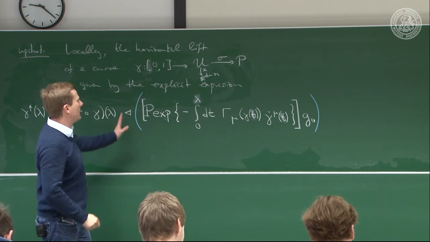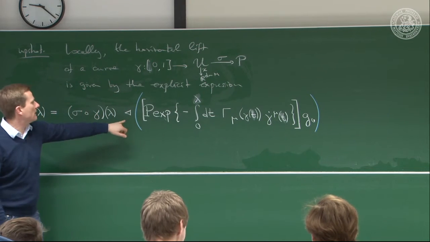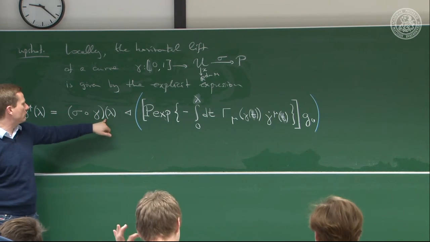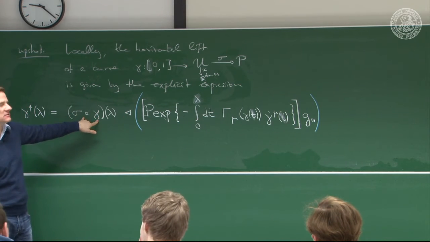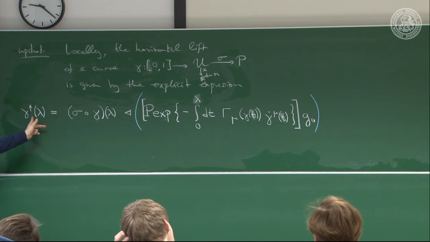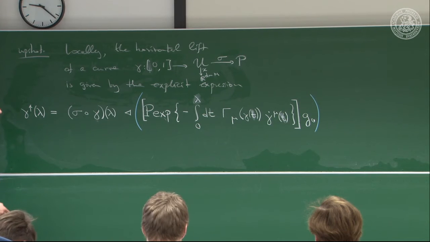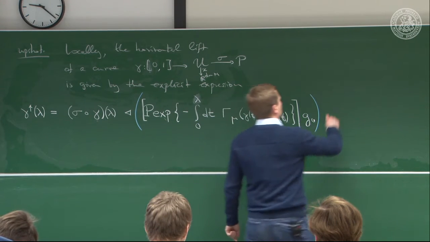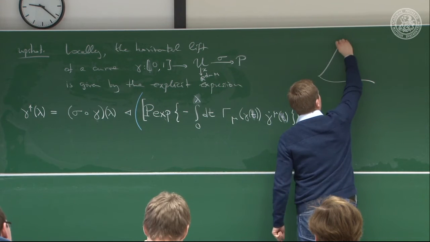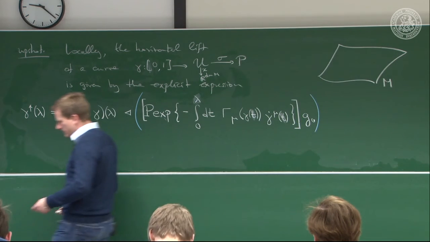This is the group element at parameter value t by which you have to move within the fiber of the principal bundle from this point in order to get this guy. Okay? So once again, the full picture is the manifold M.